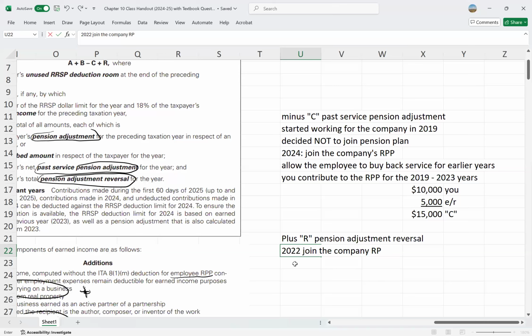And so let's say you put in 1,000. And then let's say your employer puts in 500. And so for 2022, this would be your 2022 pension adjustment.